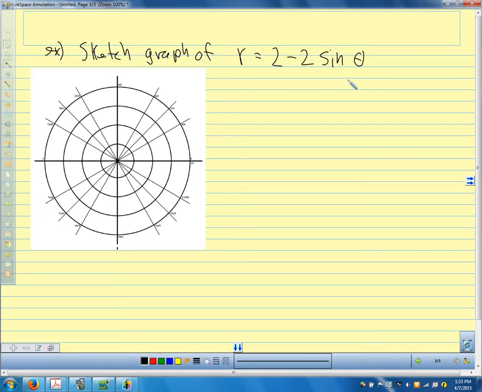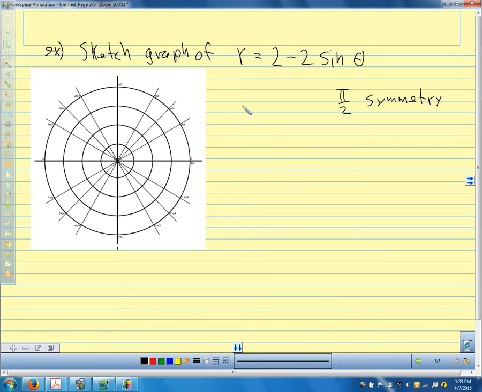So what kind of symmetry is this going to have? It's going to have pi over 2 symmetry. So we can graph the right-hand side or the left-hand side and copy it over to the other side. We know it's going to be symmetrical about the vertical axis. We can just do half the graph and come up with a sketch.